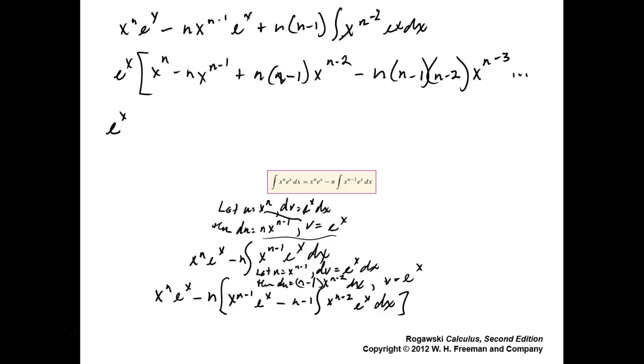I don't have your edition of the book. How do they leave it? They say evaluate the reduction formula for n 3 to 1, and then they came up with something.